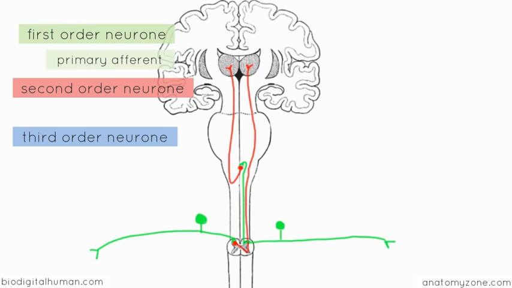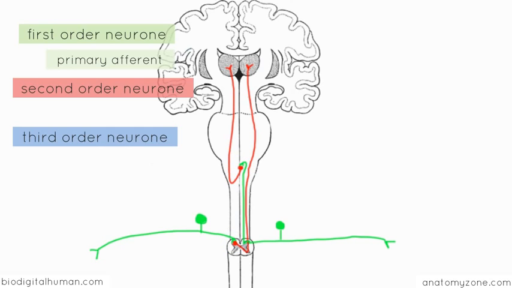So it's important to know that first order neuron remains ipsilateral and it terminates by forming a synapse with the second order neuron. And this termination can either occur in the grey matter of the spinal cord or in the medulla oblongata. So both these terminations have been demonstrated on this diagram here.